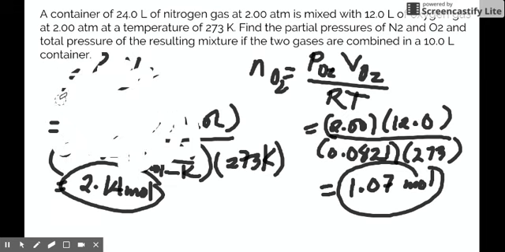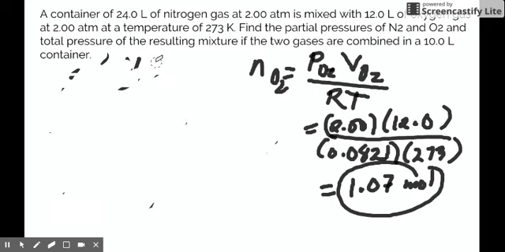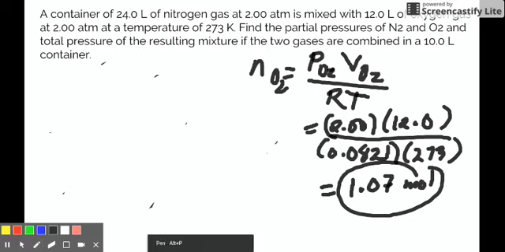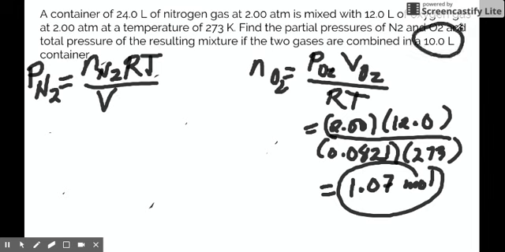So now that we got n of N2, which is 2.14 moles, let me just put it here. I can now solve for the partial pressure of N2. So that's going to be P of N2 using ideal gas law, equal to n of N2 RT over V. And the V that we're talking about here is the new volume of the container, which is the 10-liter mixture.